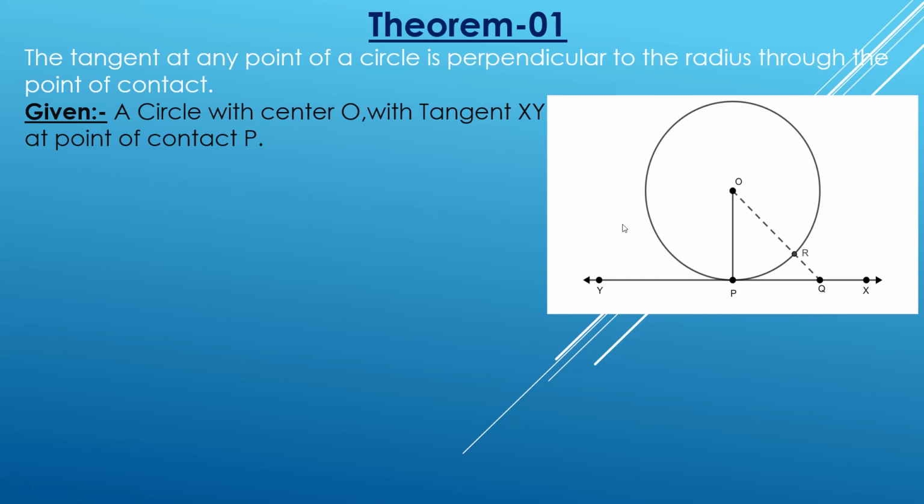After that, let us join the center of the circle and the point of contact with the help of a line segment. We will get a radius.